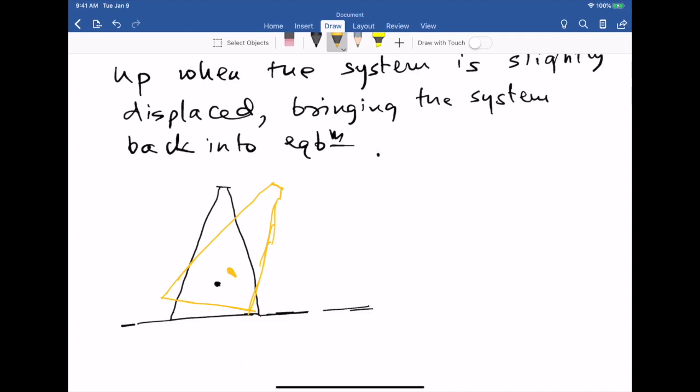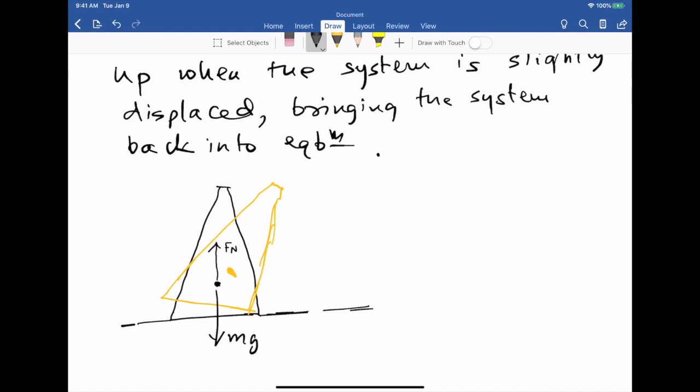So what were the forces on this object when it was just lying undisturbed? There were two forces. One was mg acting down, and the other one was the normal force. They're both acting at the center of mass of the object, and so the object was in equilibrium.